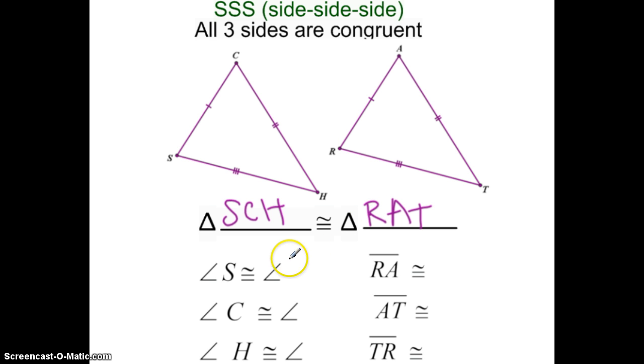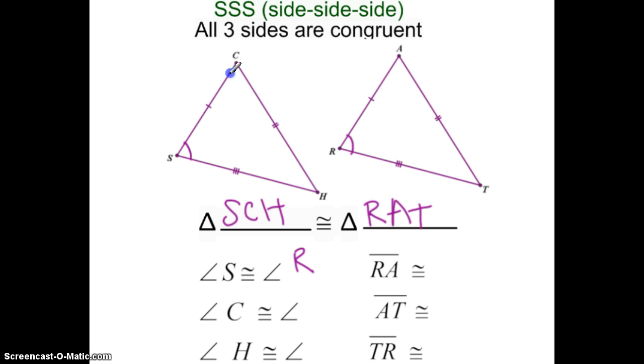Here, angle S corresponds with angle R. This angle is the included angle between the first hash mark and the third, 3 hash marks. Same on this side, 1 hash mark, 3 hash marks.